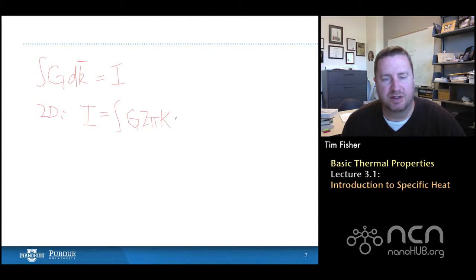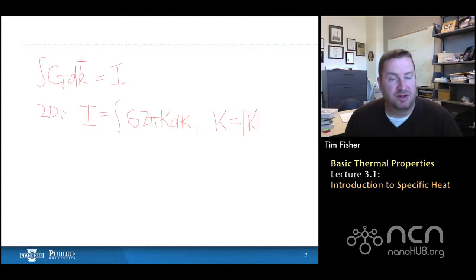Let's say I'm doing this in phonon space, so that's capital K. 2 pi K dK, where K, this is a capital K, is defined as the magnitude of the k vector. What that means is it's really serving the function of the radius in k-space.